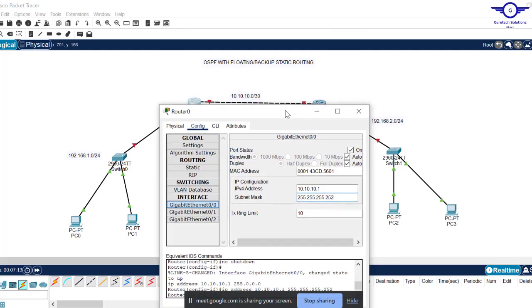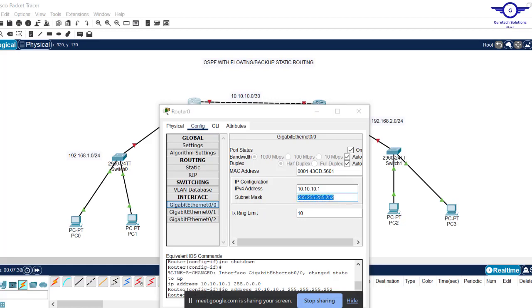In an IPv4 address we have 32 bits, and a full subnet mask for an IPv4 address is 255.255.255.255, which is a broadcast address. Now /30 notation is equivalent to 252, I mean.